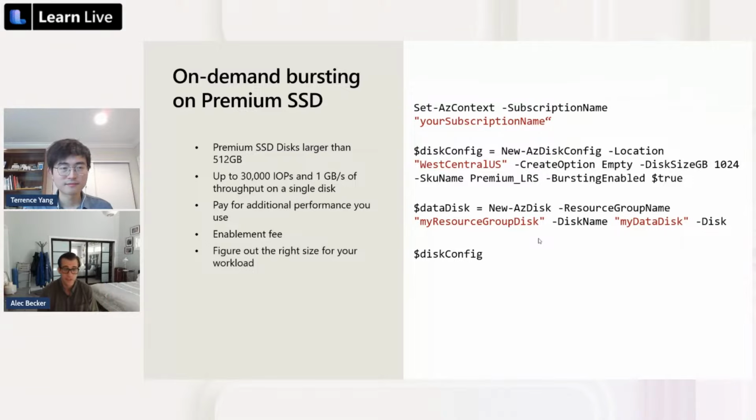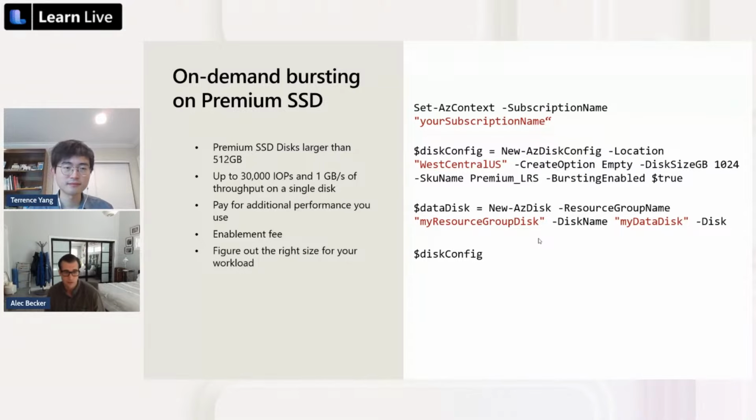Now for the P30s and larger, which are the disks 513 gigabytes and larger, we have a feature called on-demand bursting, where you can get your normal performance of the disk, but if you want to go above those limits, up to 30,000 IOPS and up to 1 gigabyte per second of throughput on a single disk, you can enable this on-demand bursting, and you pay for the additional performance that you use.